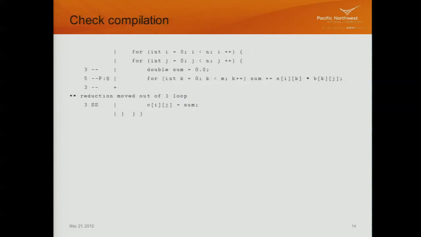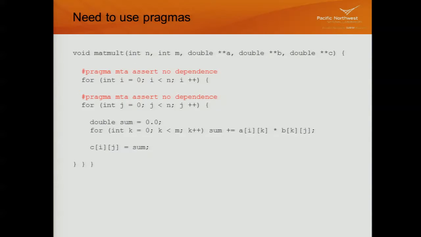The blanks here mean that there was nothing wrong with these loops, but you can see the SS down here, which means that the compiler has sequentialized the I and the J loop because it sees some dependence on this memory access, or this write to C of ij, right? The reason for that is that the compiler doesn't know that these rows of I don't all point to the same place, and so you could potentially be overwriting previous values with your later values.